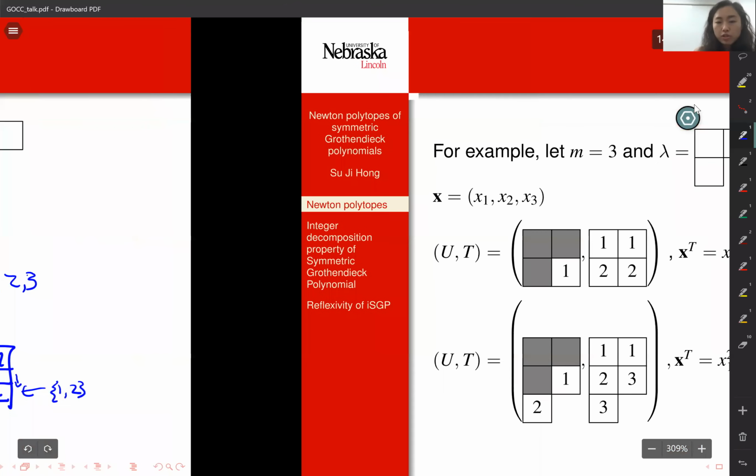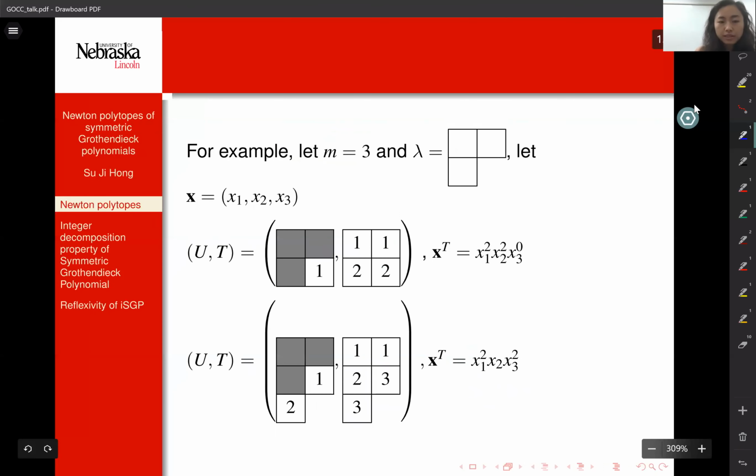Okay. So given these two things, if we let x be x1, x2, x3, then we let x to the power of t be x1 to the number of times 1 pops up. So in this case, 1 pops up twice, so we put 2 there. In this case, x2, 2 pops up twice, so we raise it to the second power.